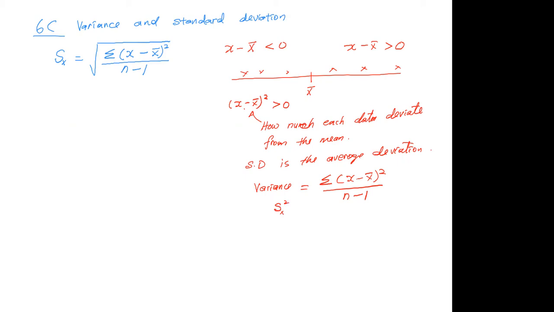Get me? So it shows how much the data spread from the mean. If the standard deviation is big, that means I have data which is very far away from the mean. If the standard deviation is small, it means that my data all are very close to the mean.